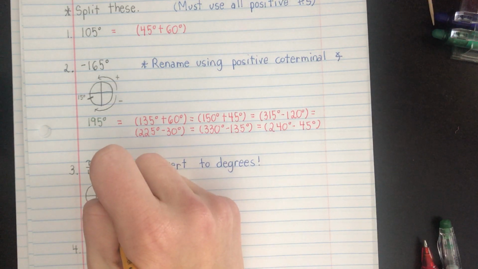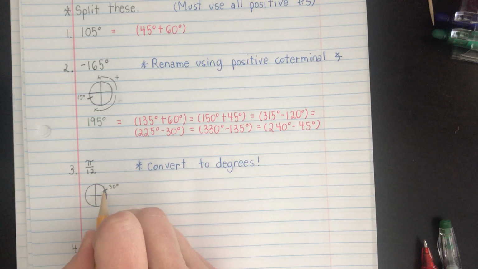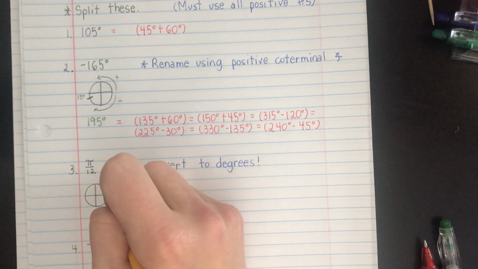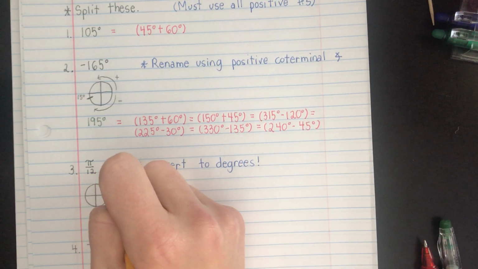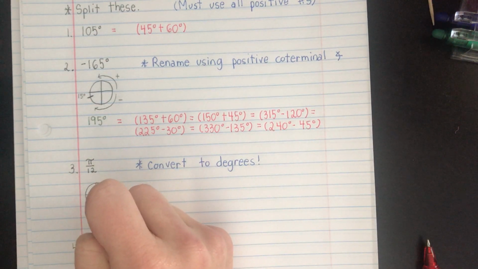So if this is 30 degrees, you're going to take half of that, because that's pi over 6, so pi over 12 would be half of that. So this would be 15 degrees. So 15 degrees is the angle we're looking for.